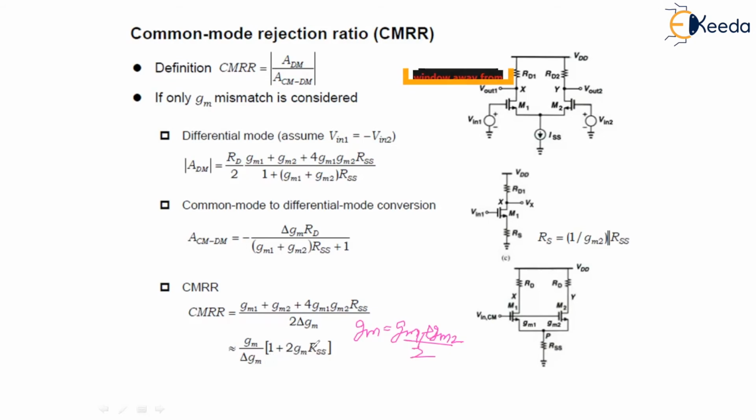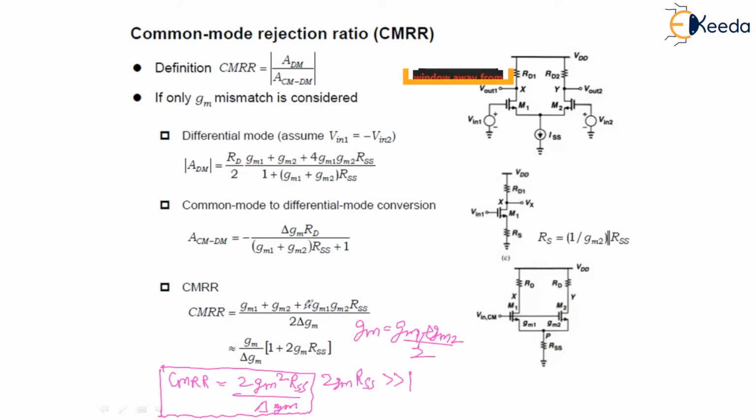In practice, if all mismatches must be taken into account, and we note that 2 Gm RSS is greater than 1, we can write CMRR equals 2 Gm squared RSS upon the mismatch term. So this is when all the mismatches are taken into account and 2 Gm RSS is greater than 1. Okay, so this is simple for the common mode rejection ratio.